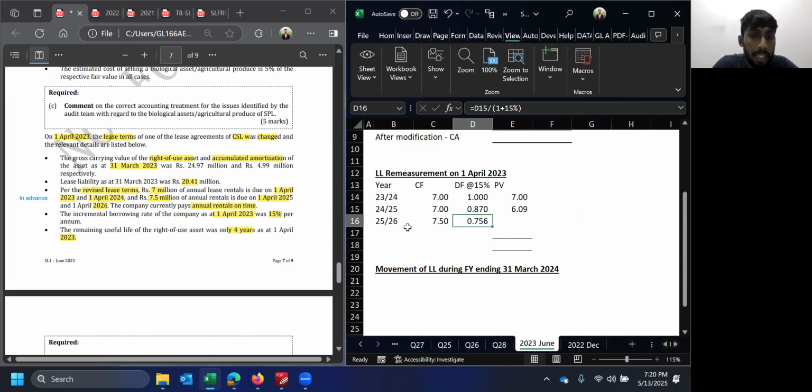The discounting factor at 15% would be 0.756, and the present value is 5.67. Then for 26-27, again 7.5 million, the discount factor is 0.658, and the present value would be 4.93. Once I get the total present value after discounting, I got 23.69.